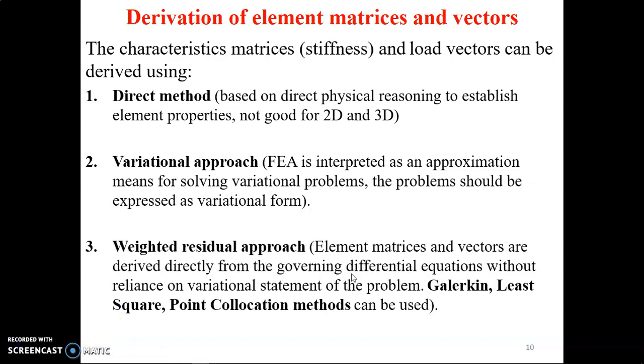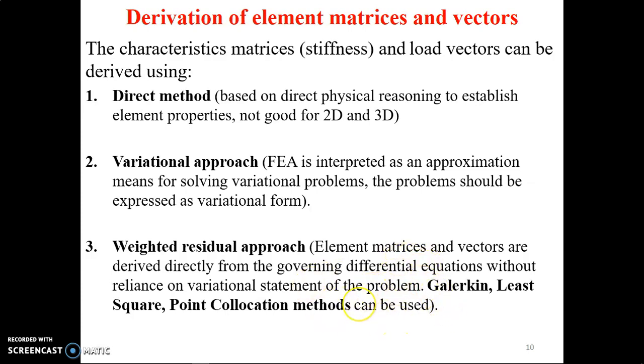The third approach is the weighted residual approach. In this approach, we will be using the governing differential equation of the particular engineering problem, and in these differential equations we will be substituting an approximate solution of the primary field variables.